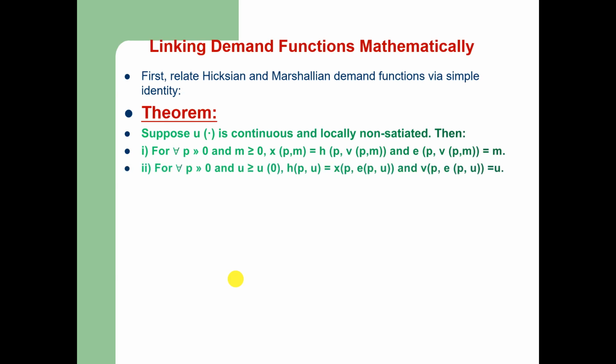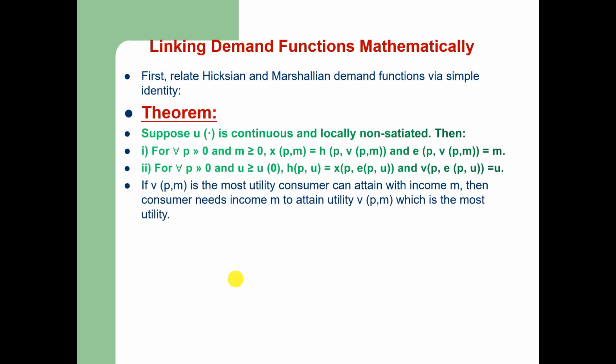And number two, for all prices strictly positive and utility greater than or equal to some utility level, then the Hicksian demand function is equal to the Marshallian demand function if we substitute the expenditure function into it, and if we substitute the expenditure function into the indirect utility function, then that is equal to the maximum utility.